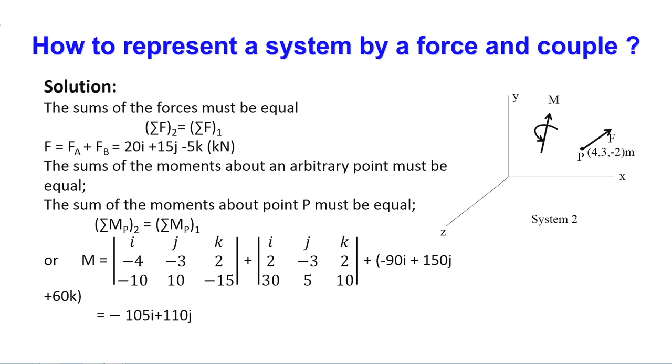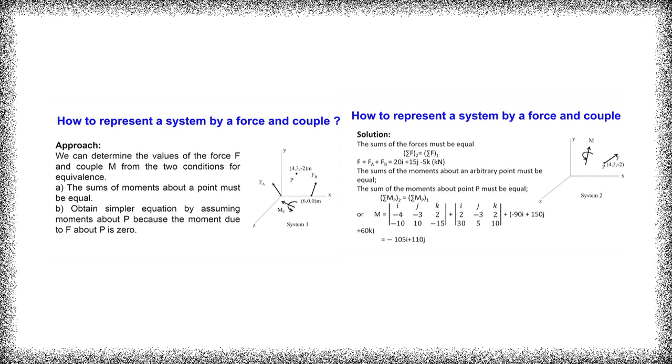For system 2 we want that single moment, that is M. So, M will be equal to the sum of all the moments for system 1. In system 1, two forces are there, FA and FB, so the moments due to these two forces and the one moment MC. The summation of all these will come here.